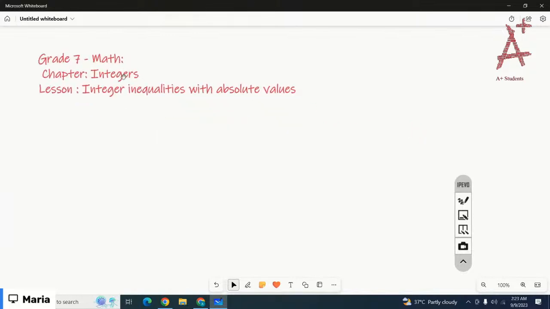Okay, so basically we're going to learn how to solve inequalities with absolute values, right?